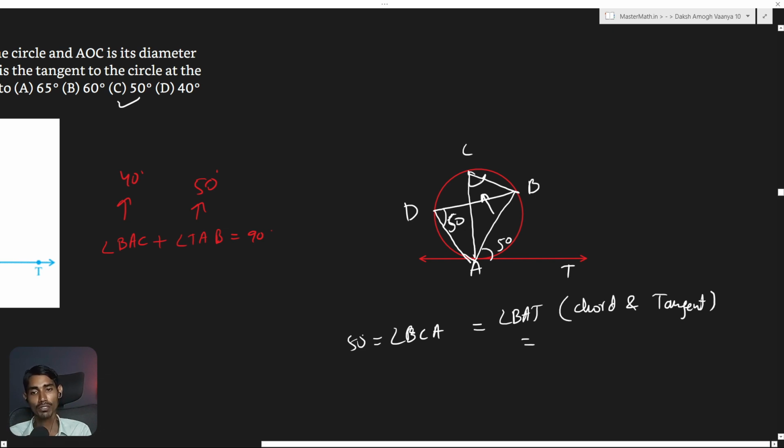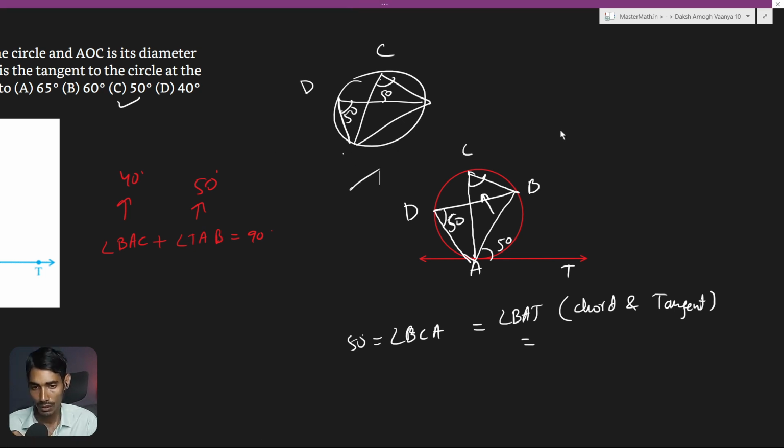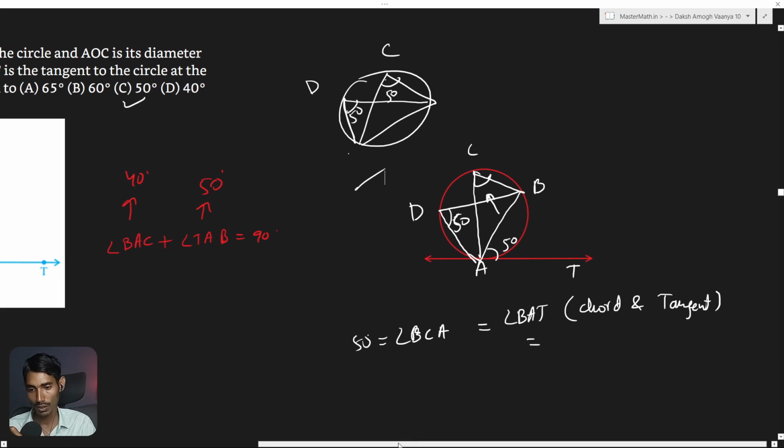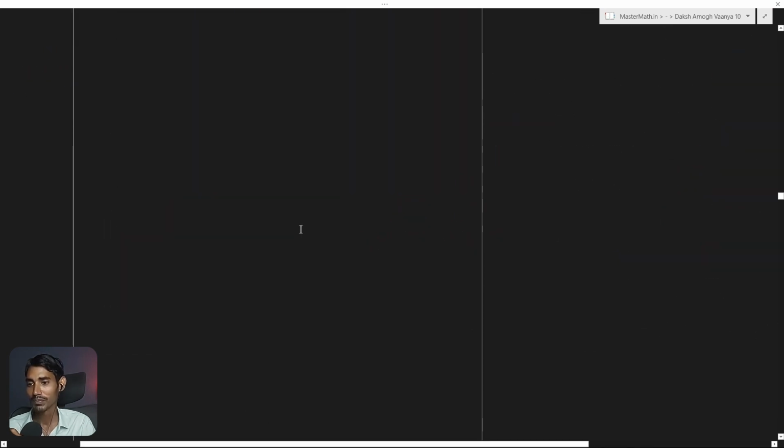And if C was 50, angles in the same arc are anyway equal, right? So even that could be used. 50, 50. So please remember this. You will need that sometime.